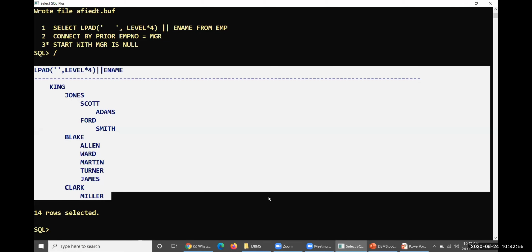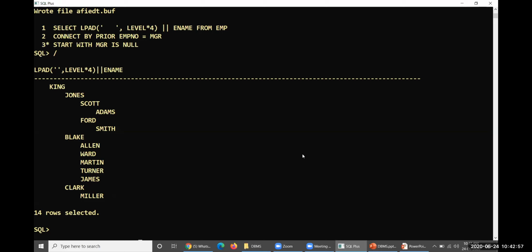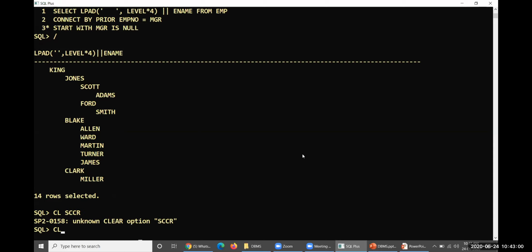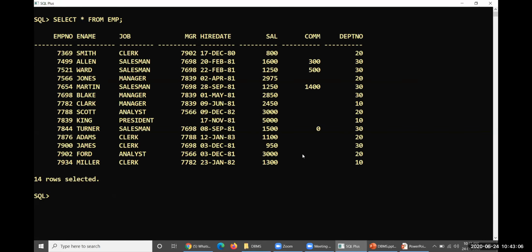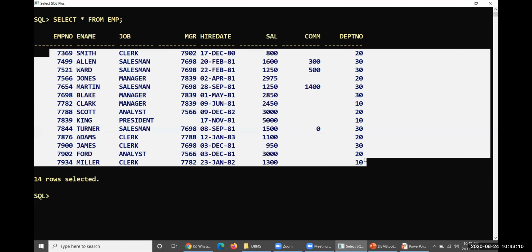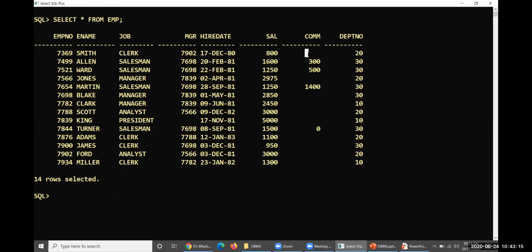Then, if you consider select everything from EMP, I want to display the people who do not have commission. This person doesn't have commission, this person doesn't have commission, so these values are null.